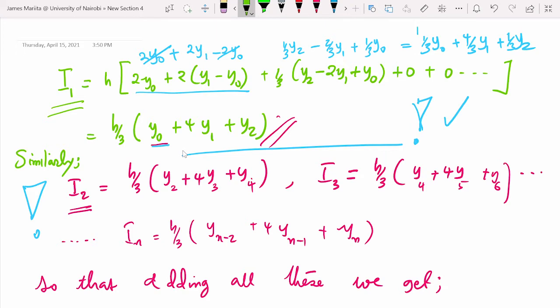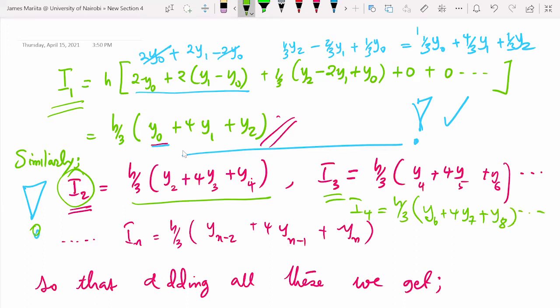Then in the same way, when you work out, this is I think where we stopped last time, when you work out the second integral, you will get what we have there. And in the same way, if you evaluate the third integral, you will get h over 3, then y4, 4y5, y6, so that if you continued in that order, if you go to say I4, this will be h over 3, then we have y6 plus 4y7 plus y8, and so on, up to In, which gives us that.